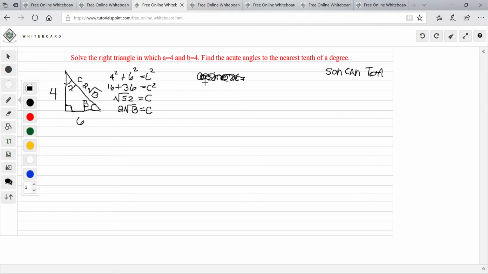Let's do sine of alpha. So sine of alpha is opposite over hypotenuse, right? So this is adjacent, and here's the opposite. So 6 is our opposite, and our hypotenuse is 2 root 13.